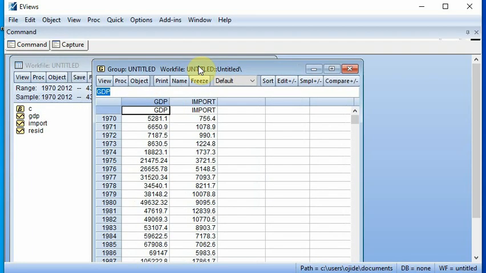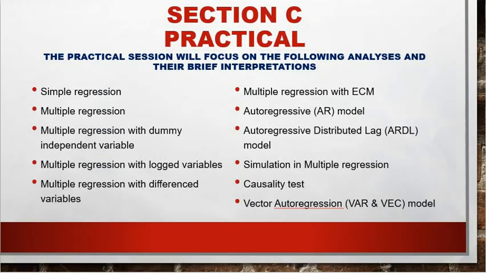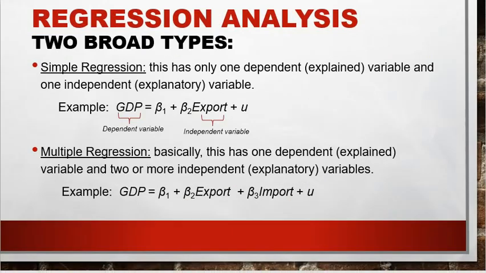And so in this exercise, what we want to do is to check out the effect of export on GDP in this economy. Remember our model we specified earlier. This is the model we are trying to look at here.